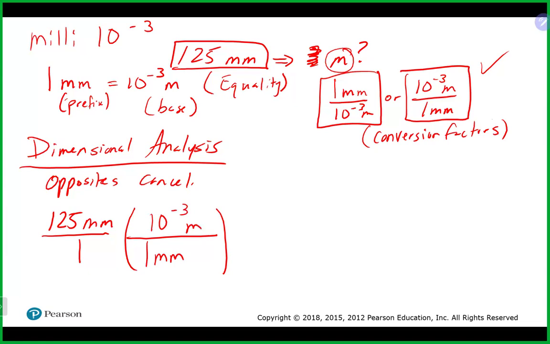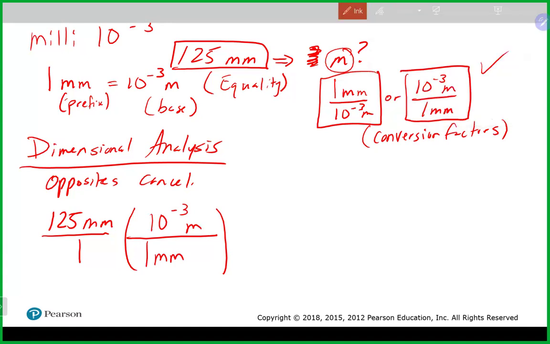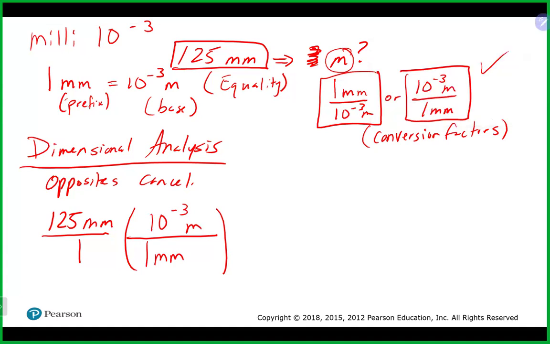At this point, the other really nice thing about dimensional analysis is you will always know what math you're going to do. When you set it up like this, everybody on top always gets multiplied, and whatever you got on the bottom gets divided.